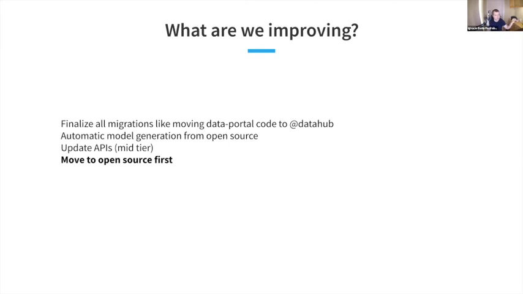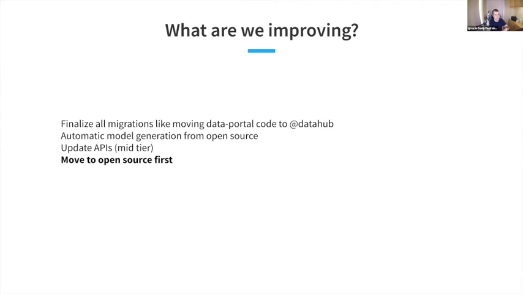It's not completely fleshed out, so we're getting there. And then we have the mid tier. I didn't talk about the mid tier, which is the APIs that the UI talks to. We need to upgrade them to keep them in sync. That's a very important thing right now. That's, for example, the lineage graph. Once we do that, you're going to see the new lineage graph that we have built in the UI.